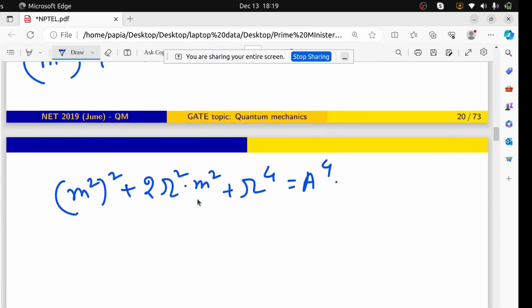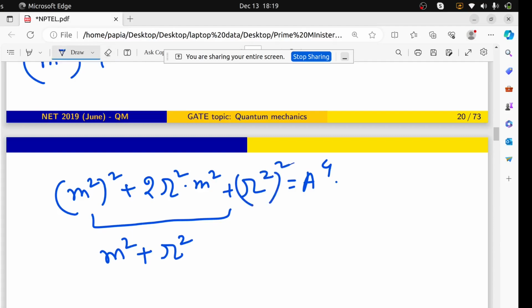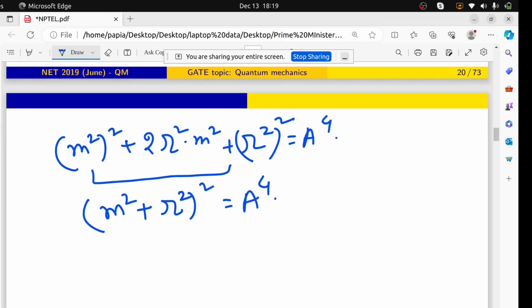Right? Then what is this one? This one is simply (m² plus ω²)², if I write it like a plus b whole square. Fine. Then m² plus ω² will be plus minus a².